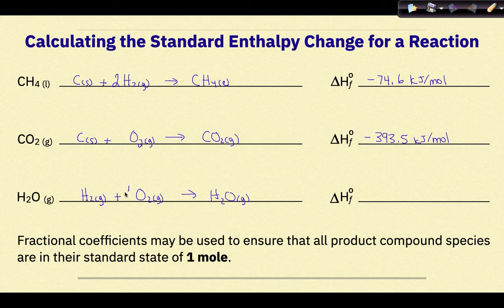So I have to put a 1/2 in front of this. And then the heat of formation is negative 241.8 kilojoules per mole. So fractional coefficients may be used to ensure that all product compound species are in their standard state of 1 mole.